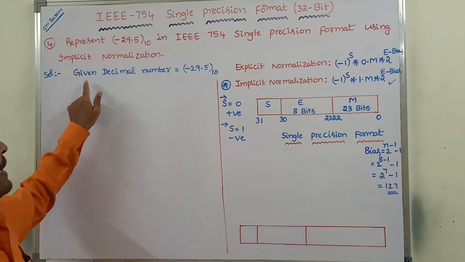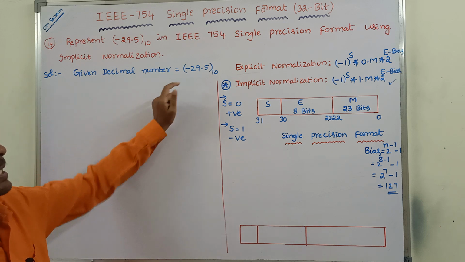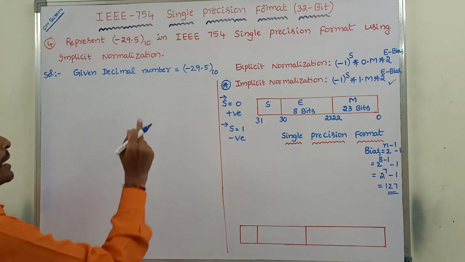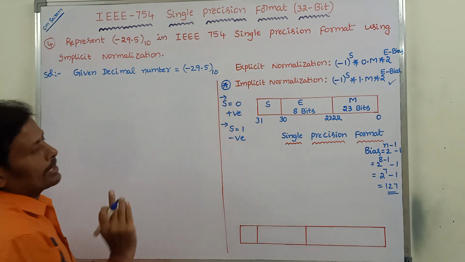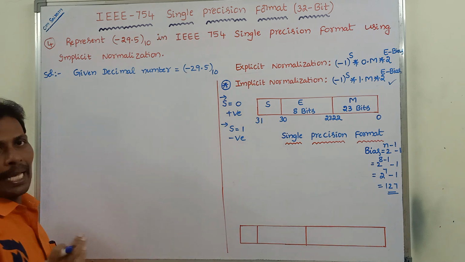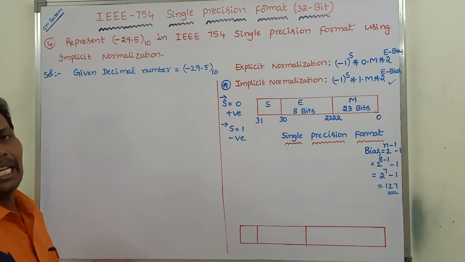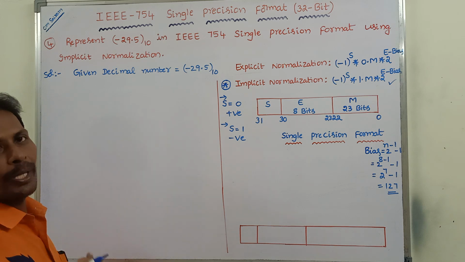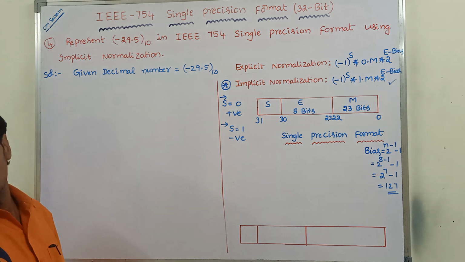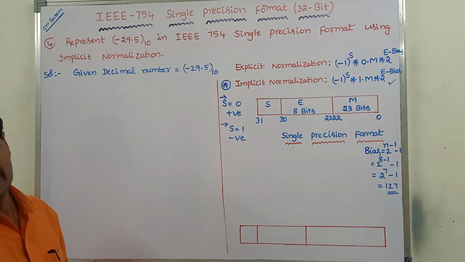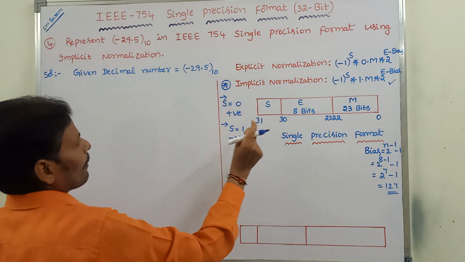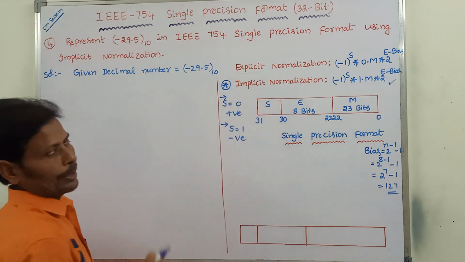Here the given decimal number is minus 29.5. The given decimal number is a negative number because a minus sign is there in front of 29.5, so we can say that the given decimal number is a negative floating point number. By observing this, we know the sign bit value.